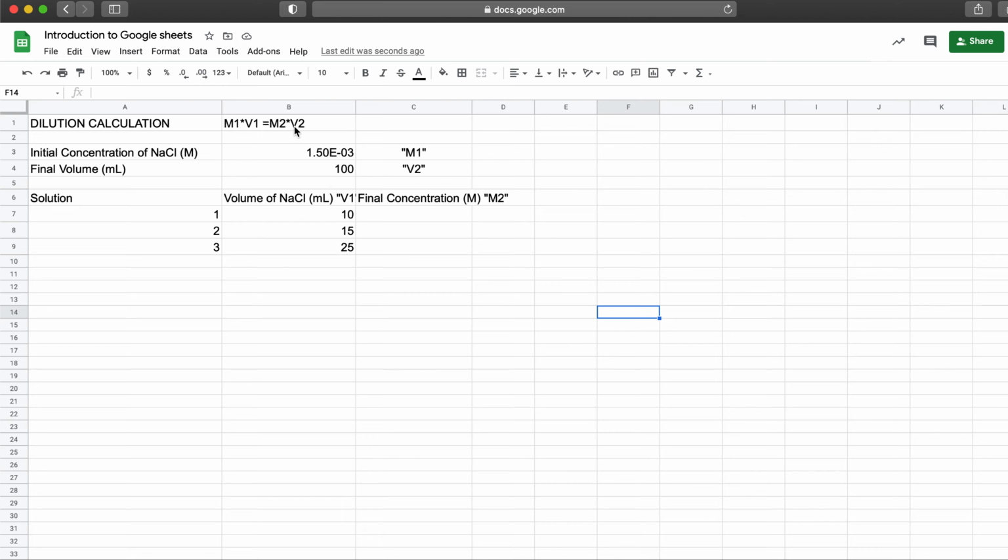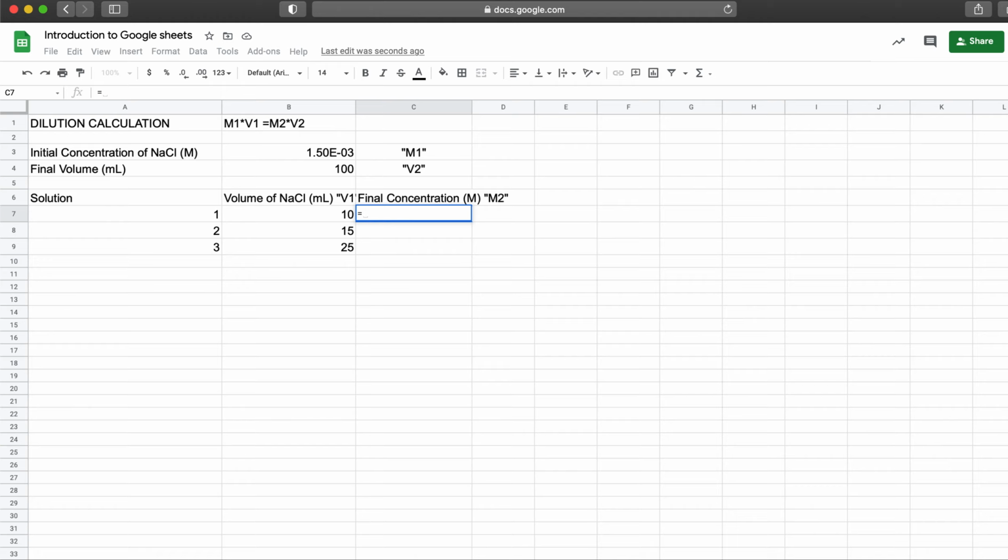So I'm going to use M1V1 is equal to M2V2 in this formula. And to show you how you calculate for our unknown, which is M2 in this case, you would start your calculation out by typing equal to. So that's what tells Google Sheets that you're looking to do a calculation with whatever you're entering next.